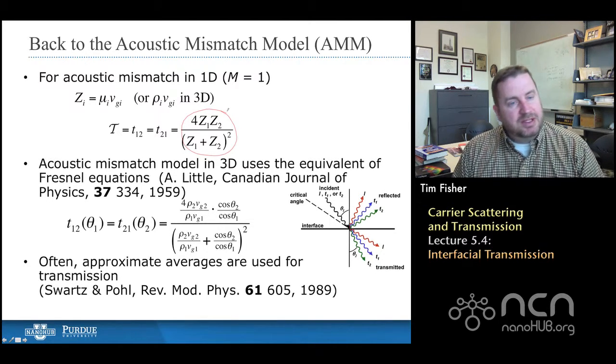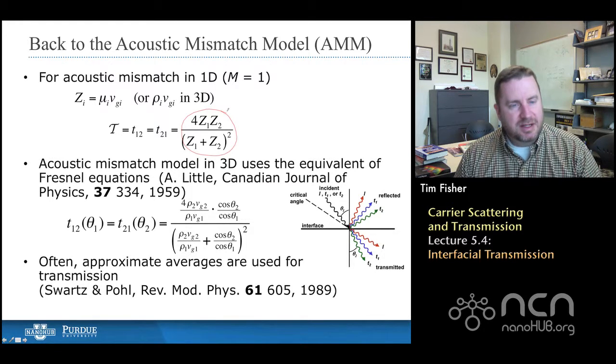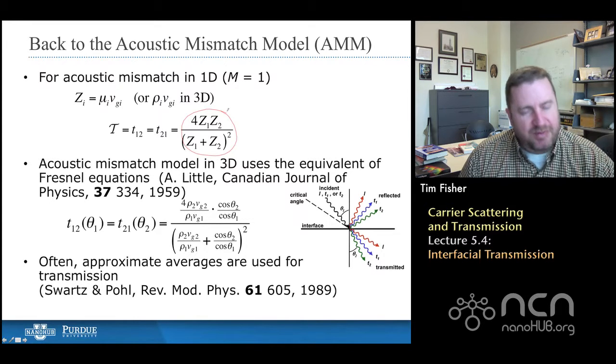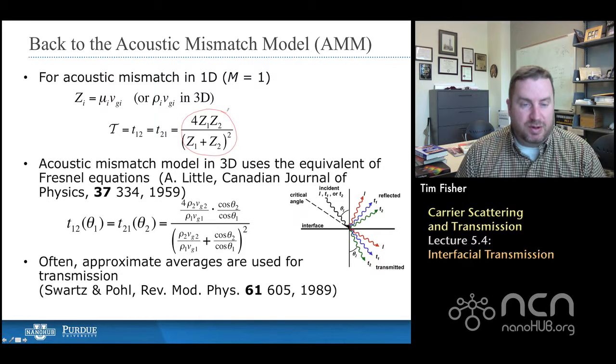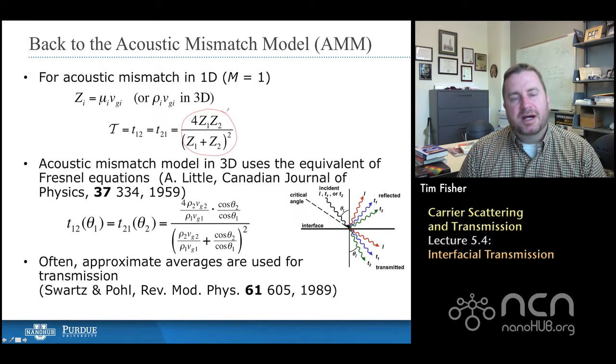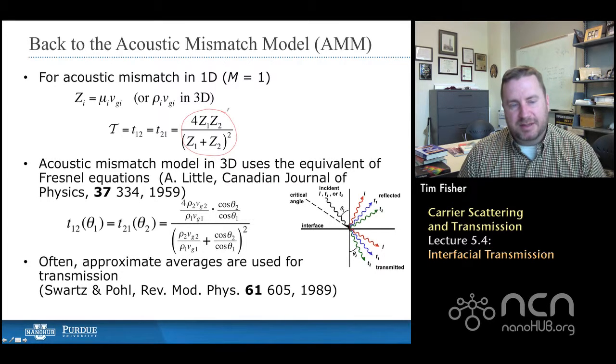The acoustic impedance for the one-dimensional problem that we had studied with the strings under tension was defined as the mass density times velocity. But if we had a three-dimensional problem, you'll find that it's the mass density in three-dimensional space, rho, multiplied by the group velocity.